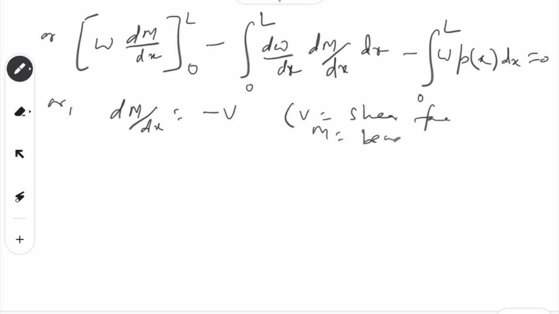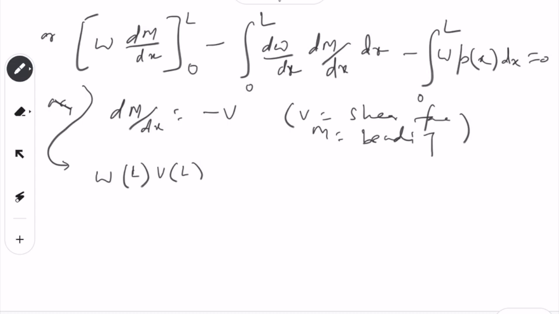This is the relation that we derived in the last video lecture, and hence from here we can write w at L times V at L.